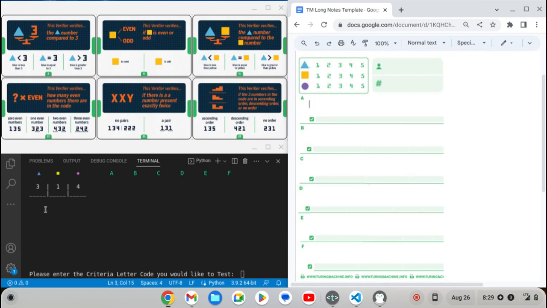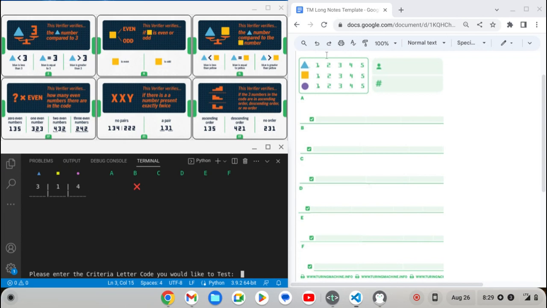And we're going to start off with an initial proposal of 314. So the first thing I want to do is test criteria card B. For criteria card B, we're looking at that middle digit, the square digit, and I chose an odd 1. The Turing machine does not agree with that.